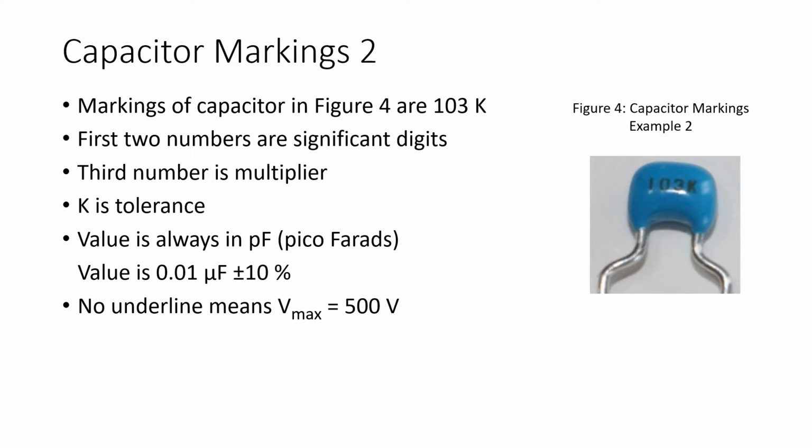So this particular capacitor would have a value of 10,000 picofarads, which would be expressed as 0.01 microfarads. And the letter K denotes a plus or minus 10% tolerance in the capacitor. And there's no line under the numeric value, so that tells us that this capacitor has a maximum voltage of 500 volts.